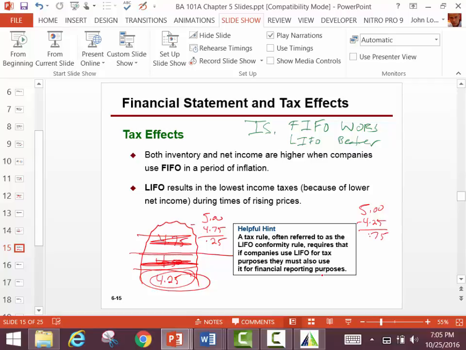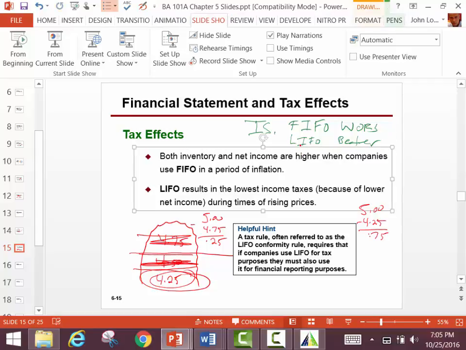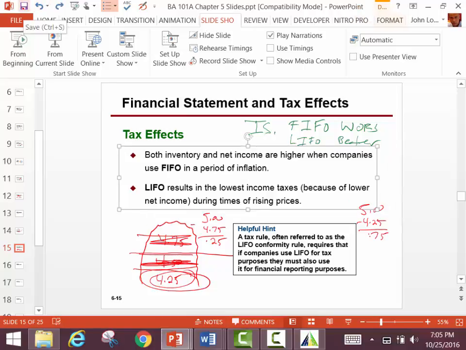Well, now we're sitting here and LIFO gives us a better look at what's happening with our net income. Why? Our cost of goods sold is including those higher cost items, aren't they?